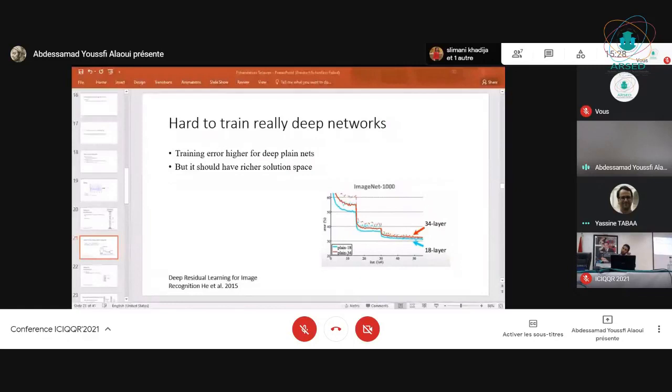The concept of the residual neural network is used in blocks, the residual units, in which we take the output of the first layers as an input of the last layers in order to overcome the problem of exploding and vanishing gradient. What is the meaning of vanishing gradient? It is that we lose the information collected from the first layers.